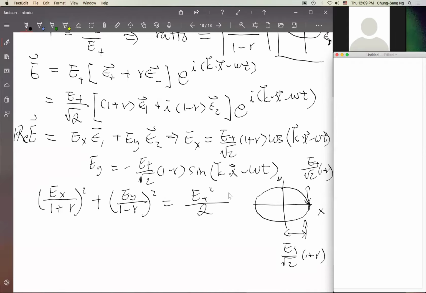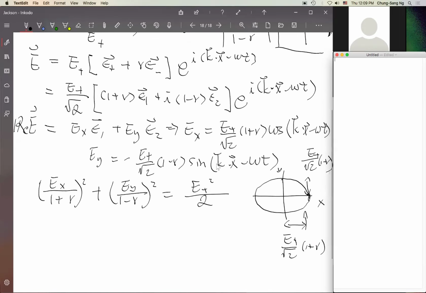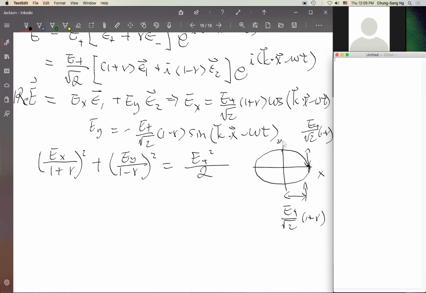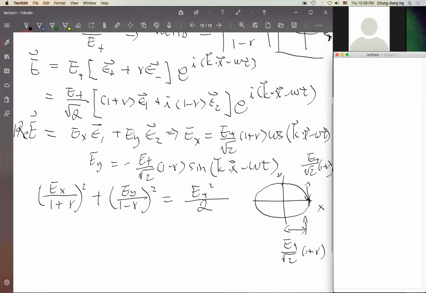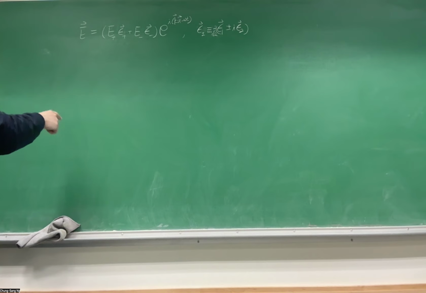Okay, so the polarization is a general case, where elliptical is neither linear nor circular. So in that sense it is general, but the axis of the ellipse is special since we assume R is real.